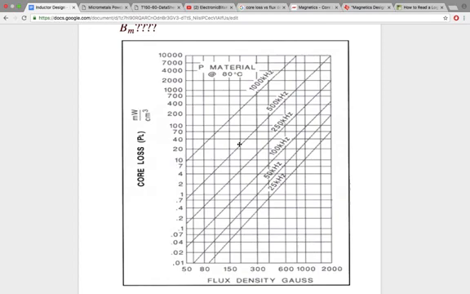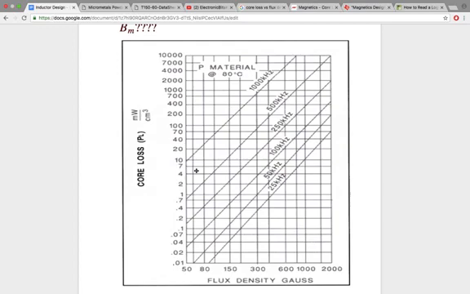As the frequency increases, the core loss in the magnetic circuit also increases. It's obvious that as the frequency increases, the hysteresis and eddy current losses also increase.